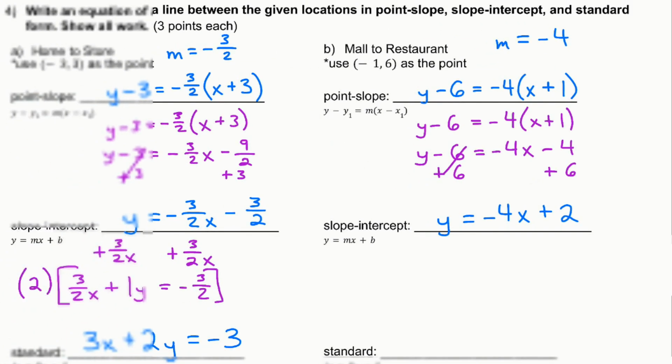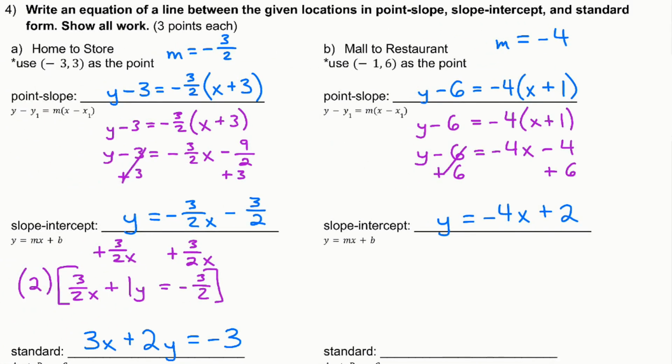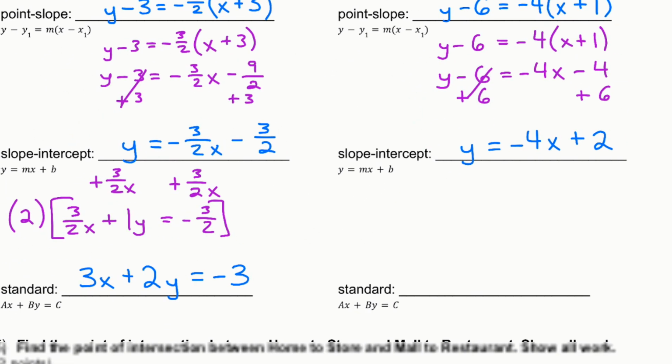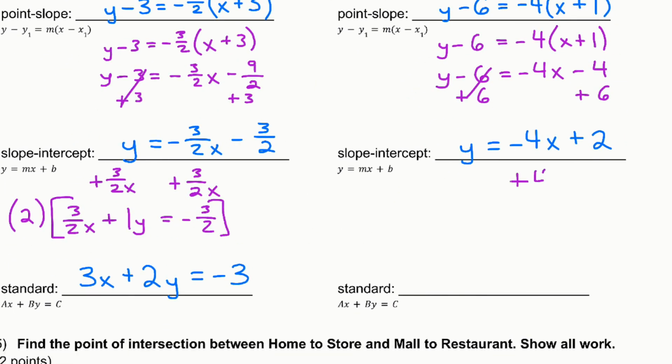So that's slope intercept. And then again, the last step is going to be just like what we did on the first problem. So I'm going to add the 4x on both sides. Cannot combine the 4x and the y. So really the only thing that we are going to have is this problem being finished in standard form.